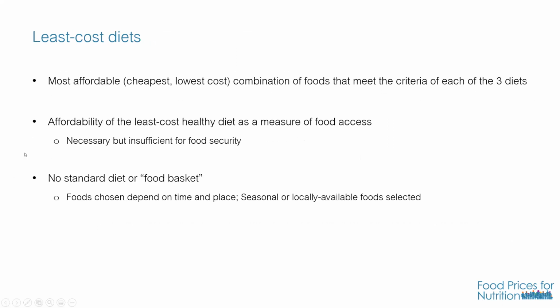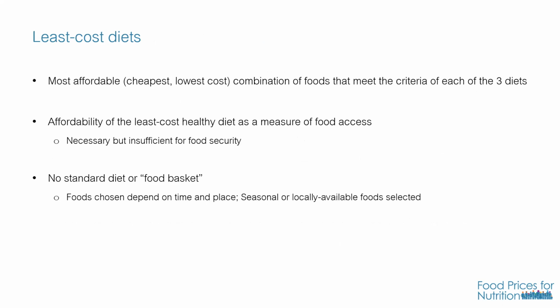And a few more thoughts on least cost diets, because I think it isn't a big difference from the INFORMAS food prices module approach. Least cost diets do look at the most affordable or the cheapest combination of foods that meet the criteria. So for each one of those diets, we're always talking about the least cost.